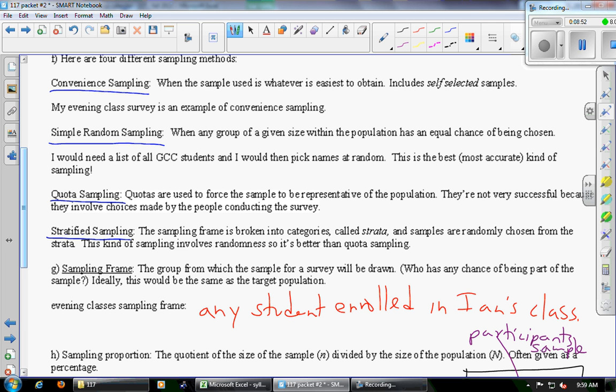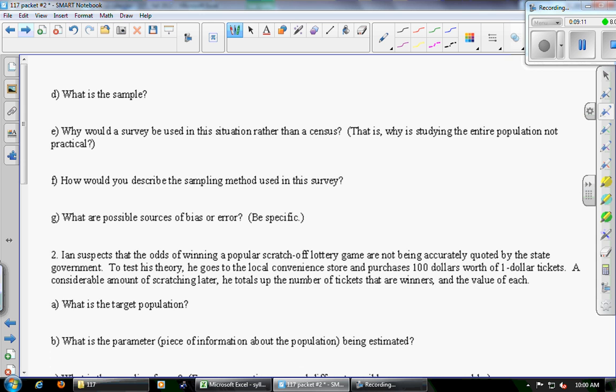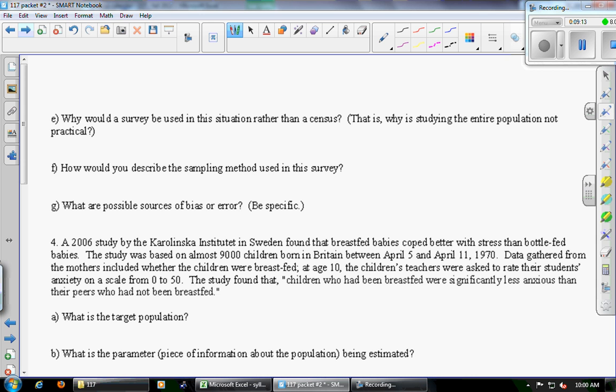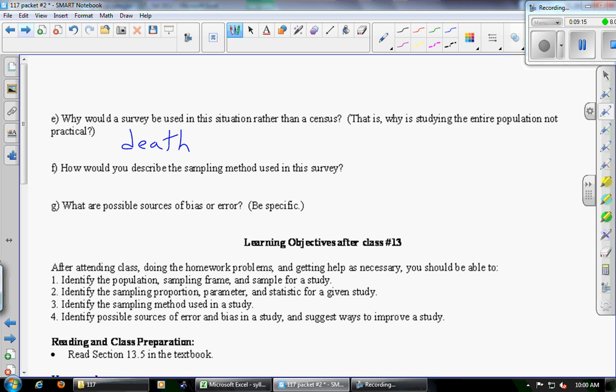The blood that's in my arm right now is pretty much the same as the blood that's in my leg at this moment. It's the same as the blood that's in my right ear. It's all the same, and so it hardly matters when I take it or from which part I take it. It's all mixed up. It's all random. So we'll say, where did we go here? Here. Simple random sample.